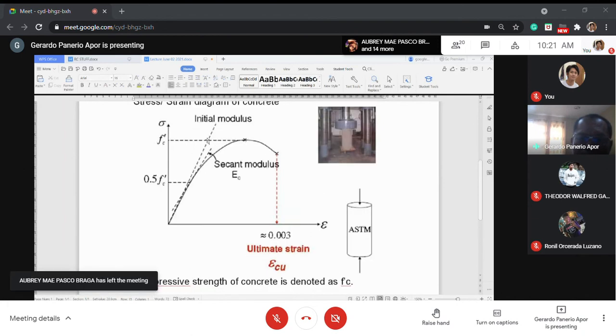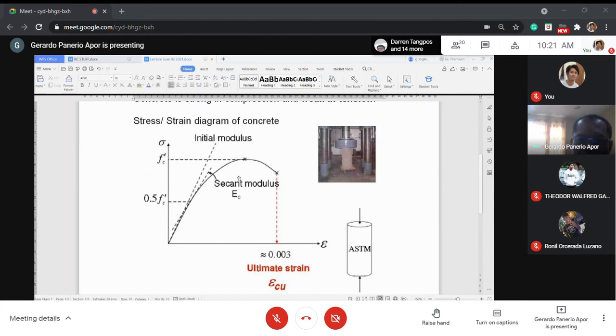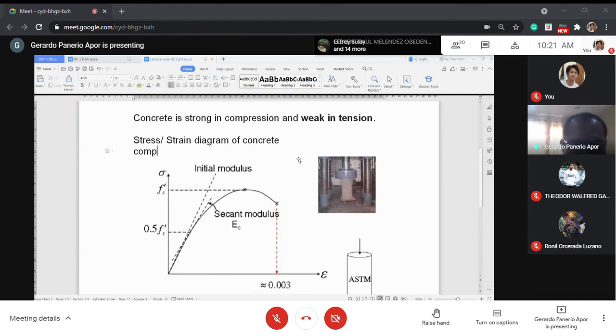It is the maximum strength that the concrete attains in a crushing of concrete, in a compression test of concrete. So I will put here compression test of concrete samples is done using a compression machine.